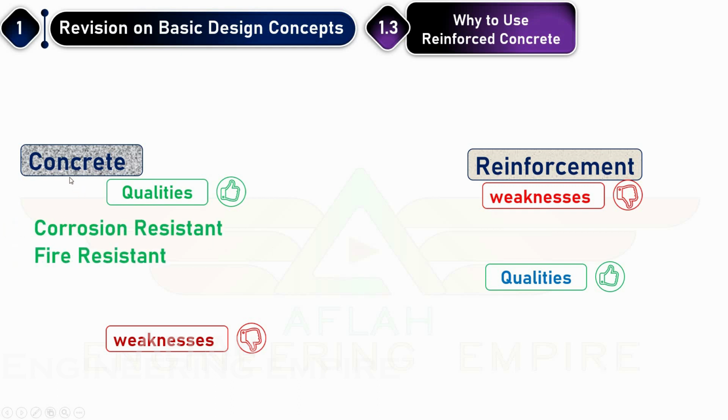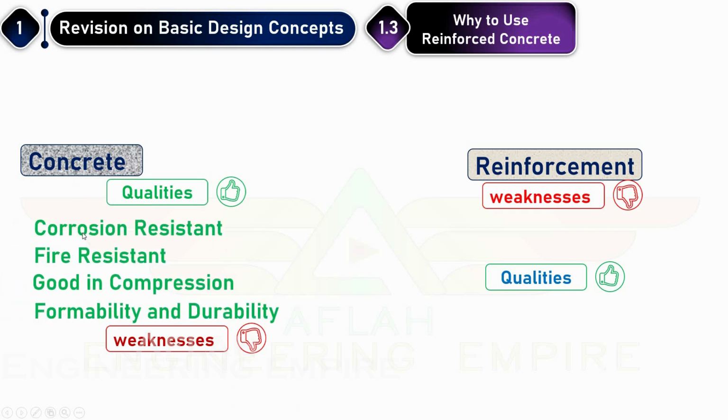Concrete, for example, has good qualities: resistance to corrosion and resistance to fire, good in compression, and formability. You can cast concrete in different shapes as you want, maybe circular, maybe rectangular, and it's durable. It can withstand loads for a very long period of time.